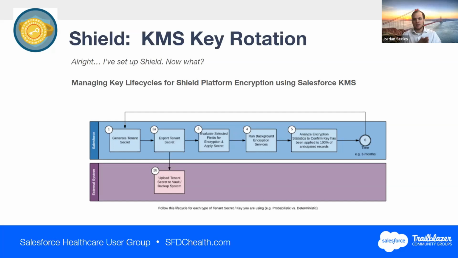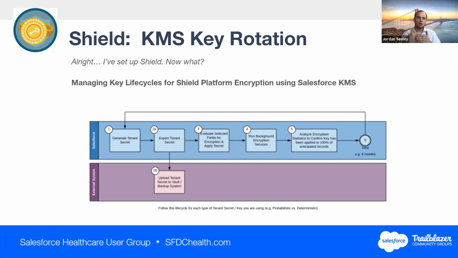And after all of that's done, let's say 2-3 months go by, you might look at the encryption statistics page within Shield to confirm that the encryption mechanism has been applied to 100% of the records you're anticipating it to be applied to. And when you start to mix different keys or versions of keys as you're rotating them out, that's when you'll start to come into the conversation of how do we roll back?